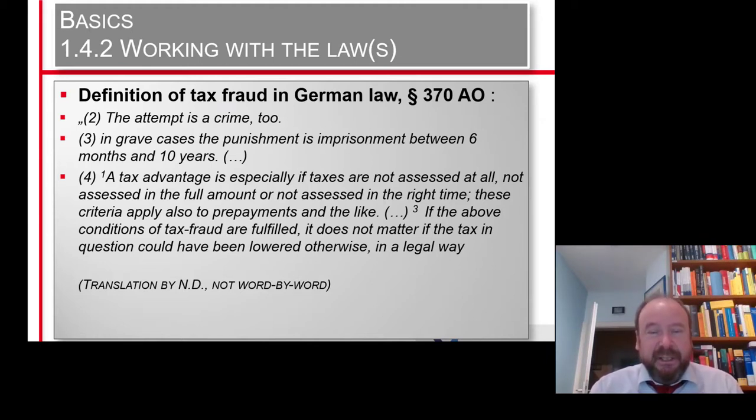So when it comes to the situation that your case depends on what the judge thinks of your intentions, you are in practice already lost. The only thing you can do in order to be safe against the reproach of tax fraud is that you never lie or hide information from the fiscal authorities.